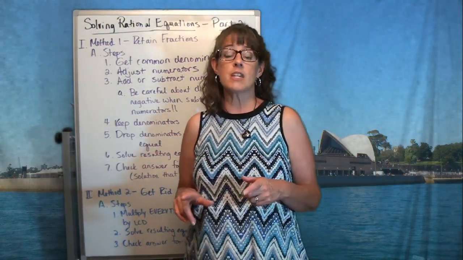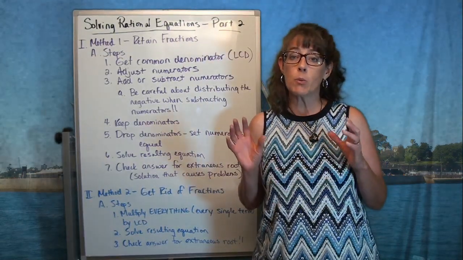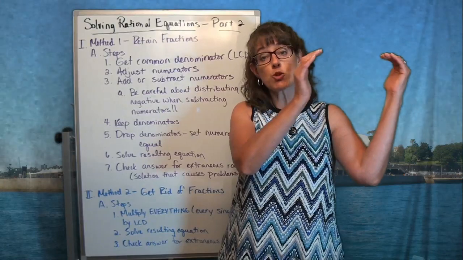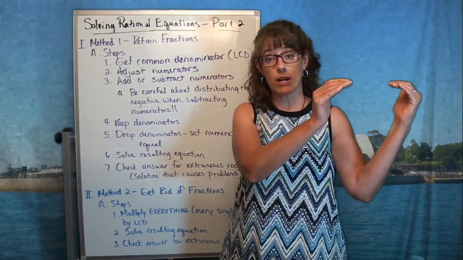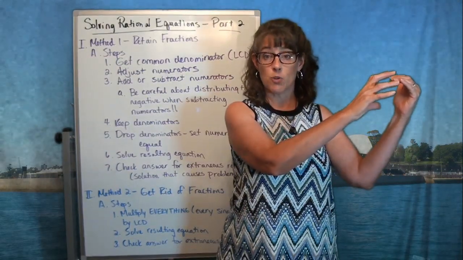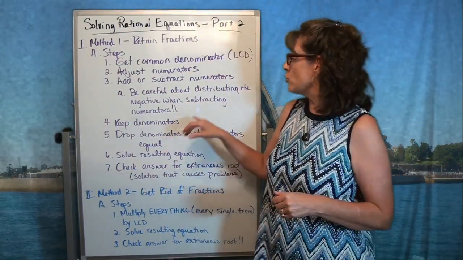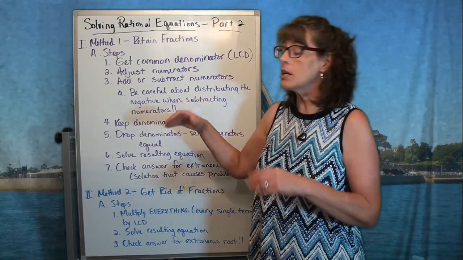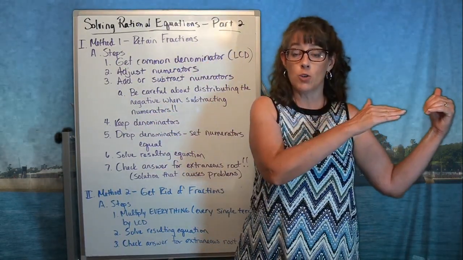The only difference is, like I said, those numerators are going to be a little bit more complicated because they have more than one term in them. So when you are subtracting that second numerator, you need to be careful. You're going to subtract the entire second numerator, all of it. So you're going to need to distribute that negative, that subtraction, all the way through that second numerator.